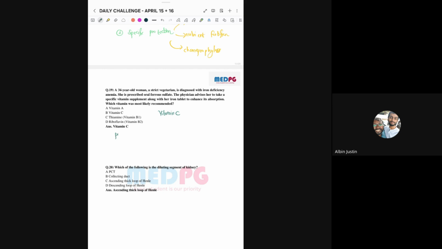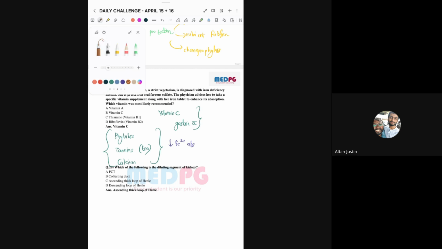Whereas phytates, tannins, that is tea, calcium, all these decrease iron absorption. Whereas vitamin C and gastric acid increase iron absorption.